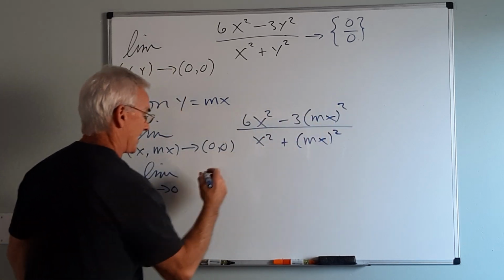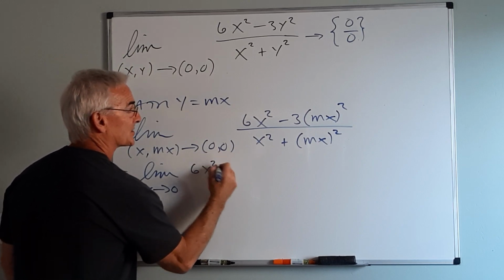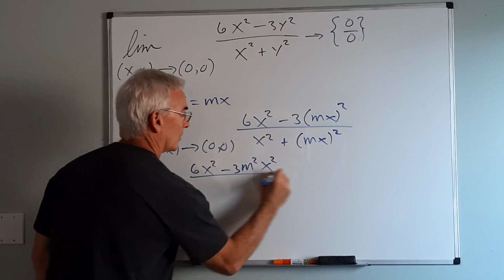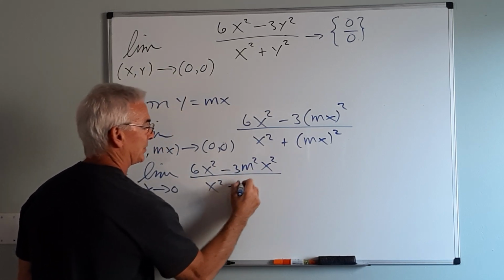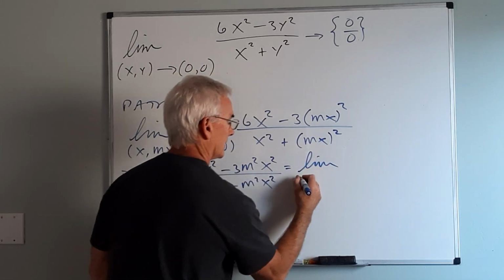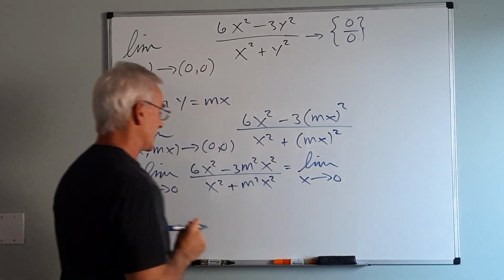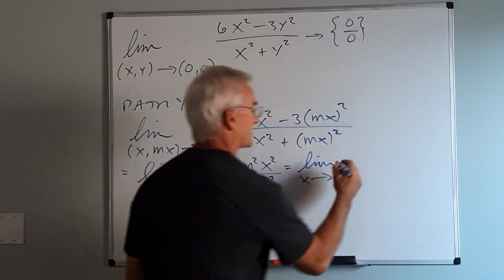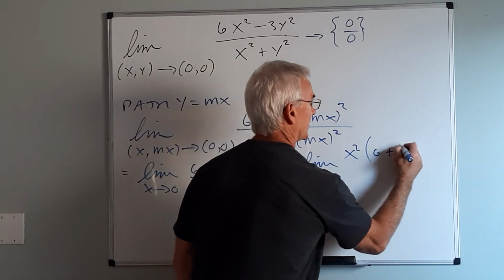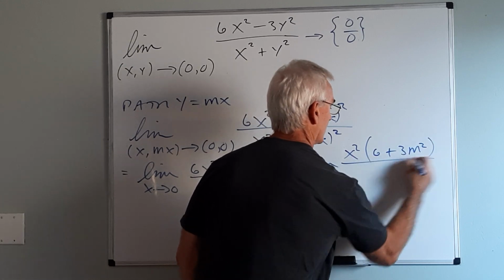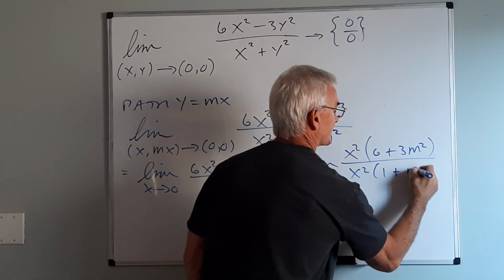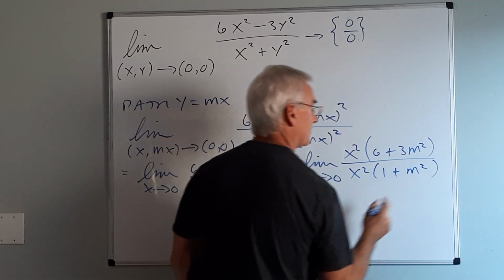Now if I simplify that quantity, I'll have 6x squared minus 3m squared x squared over x squared plus m squared x squared. And I notice that I can factor out an x squared out of top and bottom, and that would leave me with x squared times (6 minus 3m squared), and then x squared times (1 plus m squared).